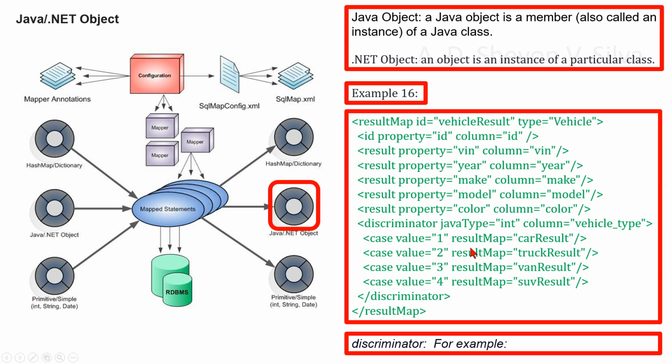This is done exclusively, so in other words, the rest of the result map is ignored unless it is extended, which we will talk about with extends. If none of the cases match, then MyBatis simply uses the result map as defined outside of the discriminator block.